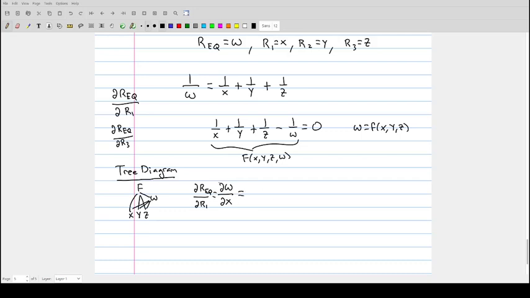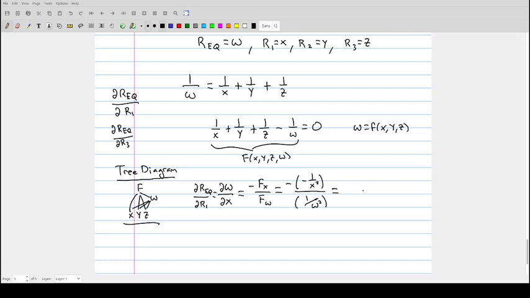The formula from our implicit differentiation, and you can get it directly from this tree diagram using a similar method to what I showed before, is going to be negative f_x over f_w. The partial derivative of f with respect to x is the partial derivative of 1 over x, that's negative 1 over x squared, divided by the partial derivative of f with respect to w, which is going to be negative 1 over w squared.